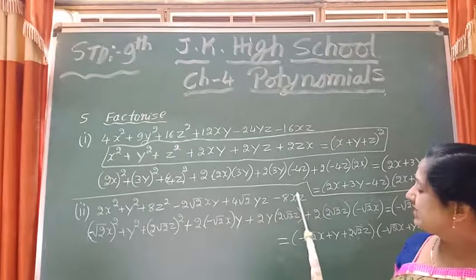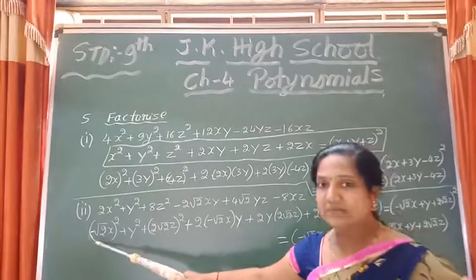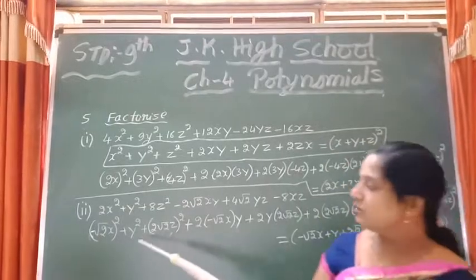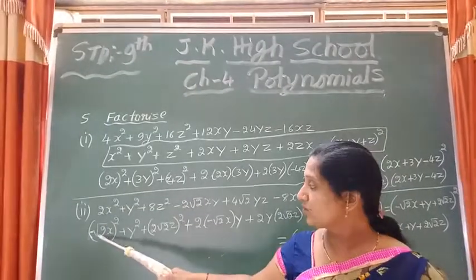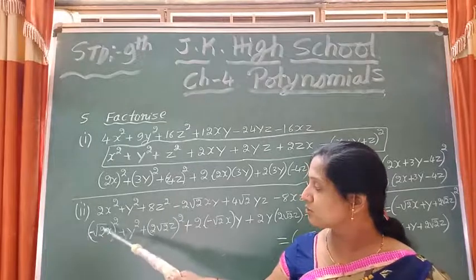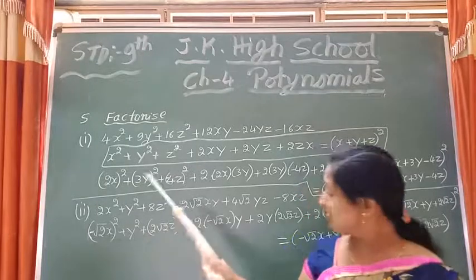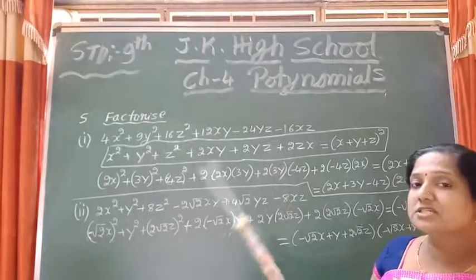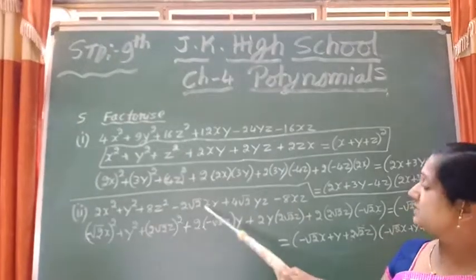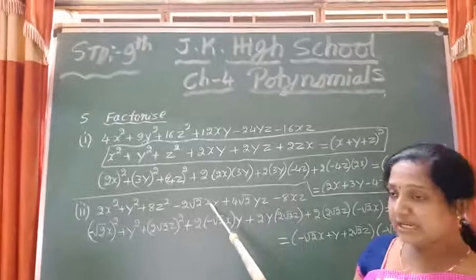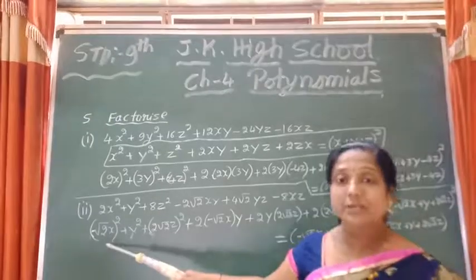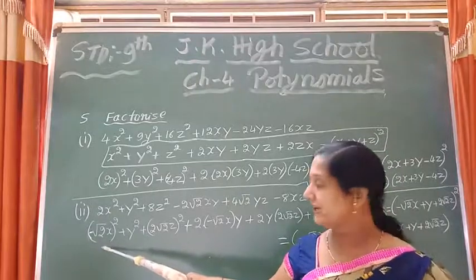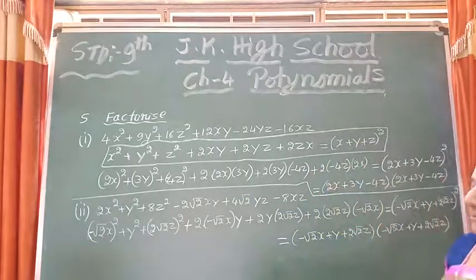X is the common variable means the first term should have the minus sign, because both have minus signs. So in place of x you write minus root 2x whole square. Wherever a minus sign is there, you observe the common variable in those two terms, and apply the minus sign to that term.